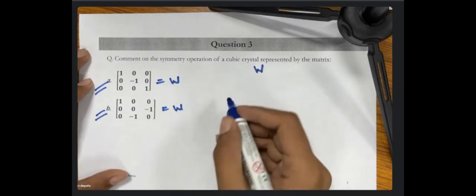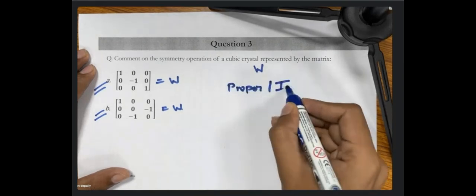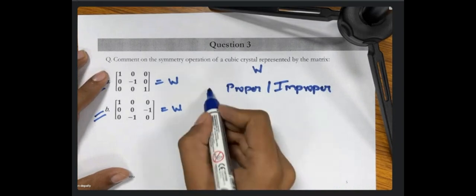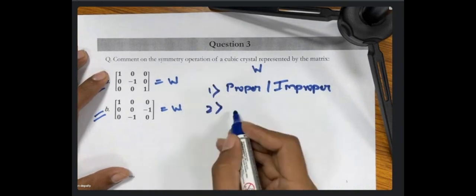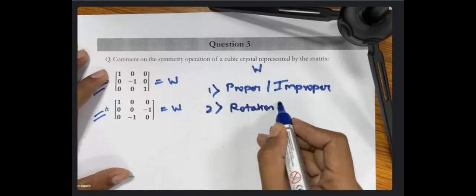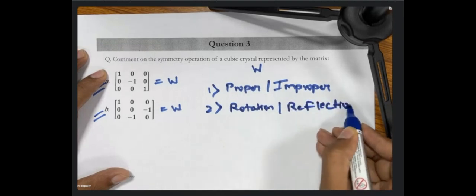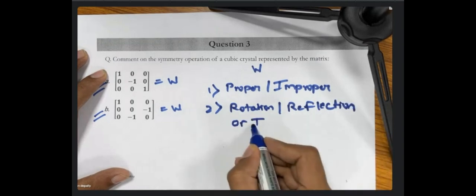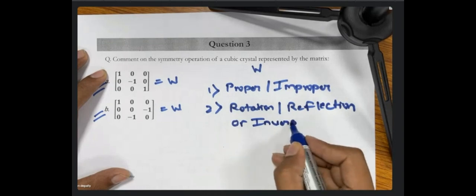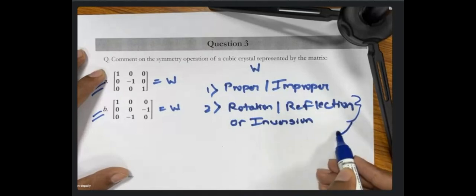Comment means we need to know whether it is proper or improper, and whether it is accomplished by rotation, reflection, or inversion, and lastly their combinations.